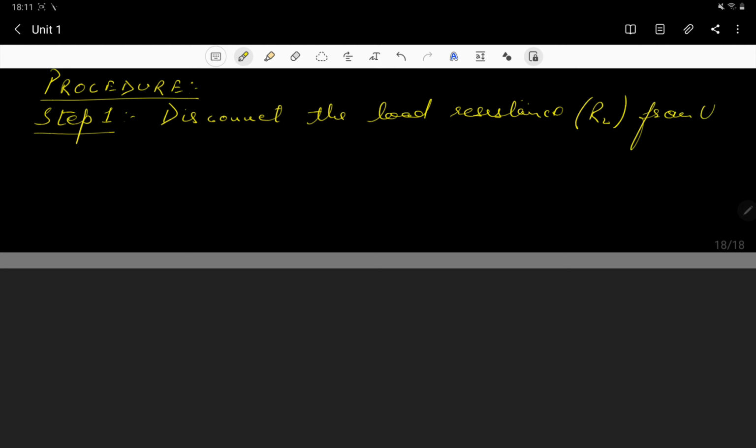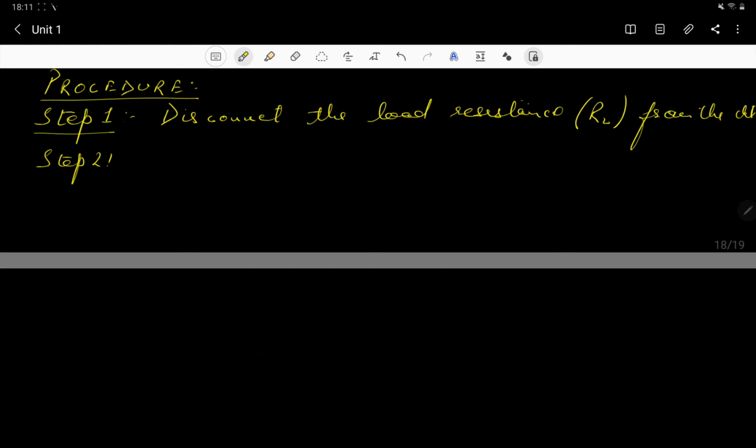Then step 2: short circuit the output terminals AB, since we need to find the current across them.